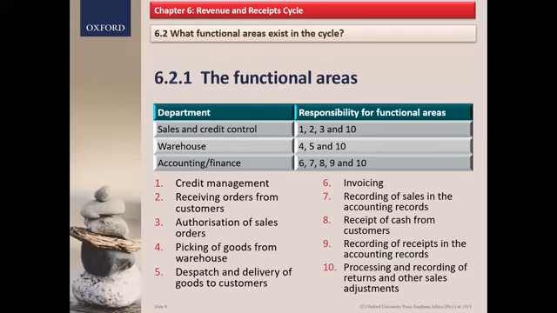Then you've got your recording of sales in the accounting records, done at finance as well, or it's done at point of sale in some cases. So receipts of cash from customers, also a finance activity: receiving of cash from customers, recording, issuing receipts, depositing cash in the entity's bank account, and so on and so forth.